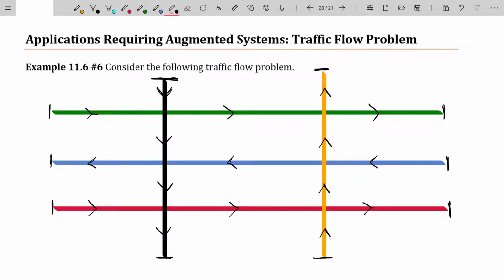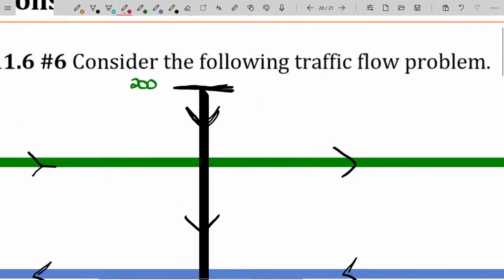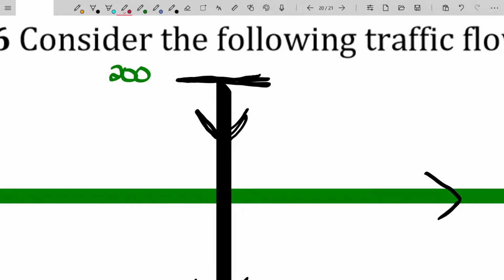So for a network. Now let's suppose that at the end of maybe a work day or something like that, we have these numbers of cars driving across those strips that are on the street. So for example, on Black Street, 200 cars cross this strip going south on Black Street into this network.